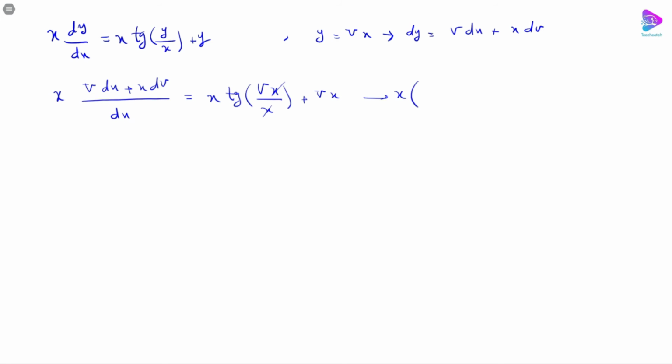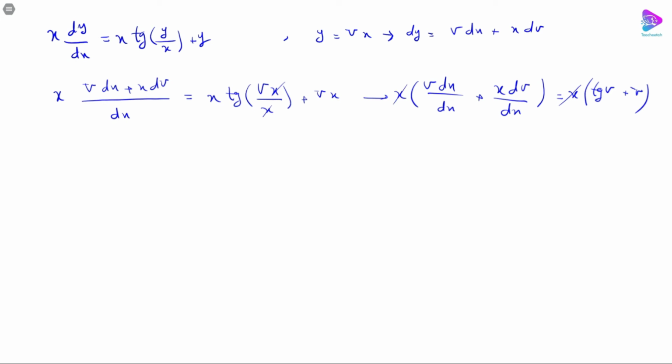So x, let's open this up, v dx over dx plus x dv over dx equal x tan v plus v, correct?